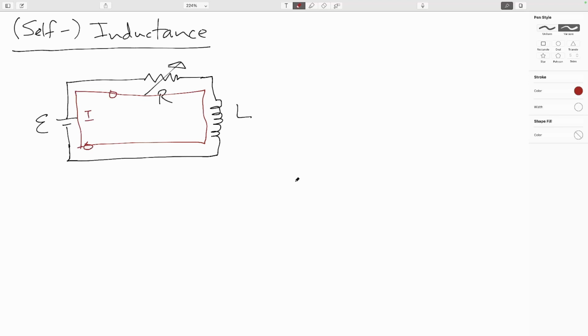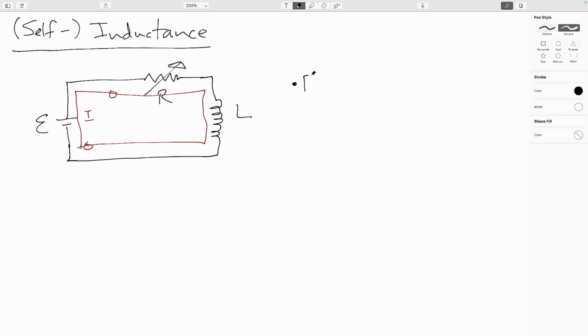Now, the thought experiment I want you to go through is I want you to first think about just plain what will happen to the current in the circuit if I decrease the resistance. So I'll just literally turn the knob from the higher resistance it's currently at down to some lower value.